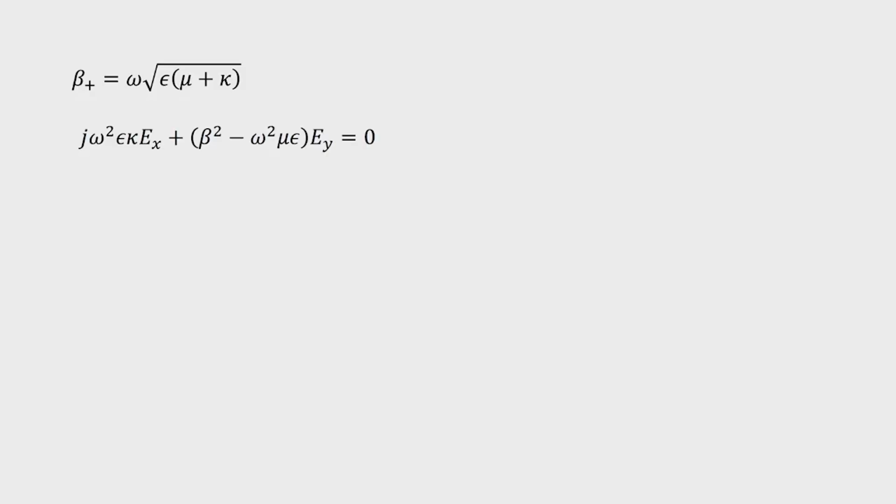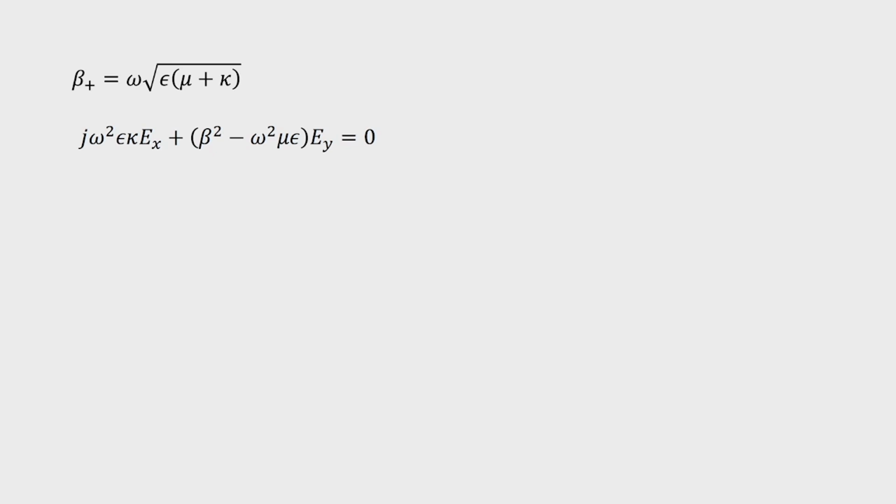So, we find that when a plane wave propagates in a biased ferrite media and the bias is applied along the direction of propagation, we get two values of propagation constants, which are denoted by beta plus and beta minus. Let us now consider the field corresponding to beta plus.